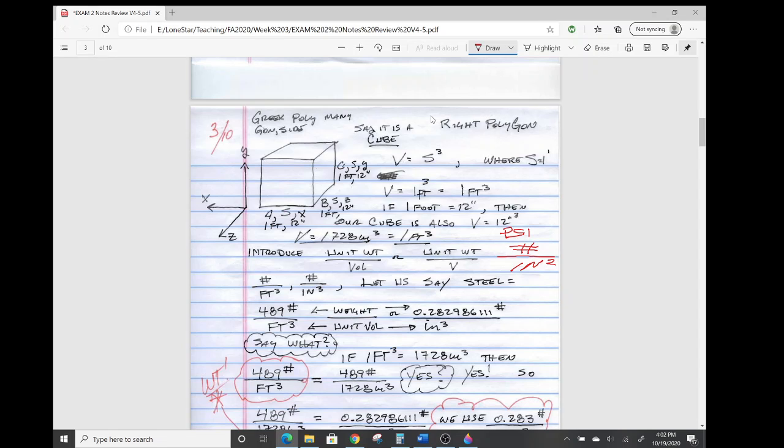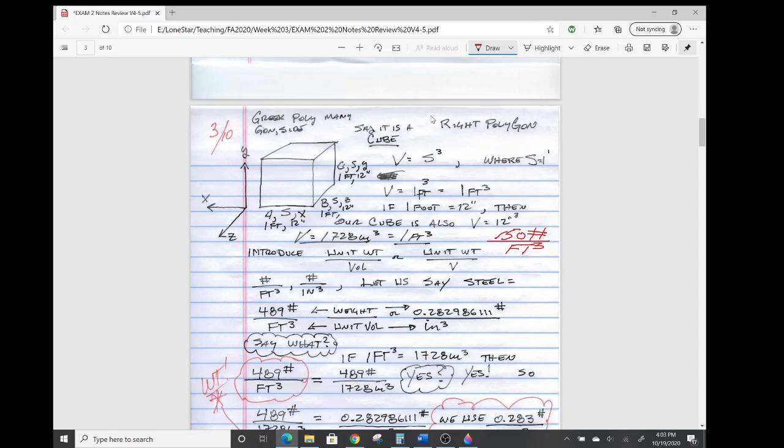But if this was concrete, or normal dirt around this area, it weighs about 150 pounds a cubic foot. So we would say, let's say we're talking about concrete, 150 pounds for every cubic foot, or 150 pounds for 1,728 cubic inches.